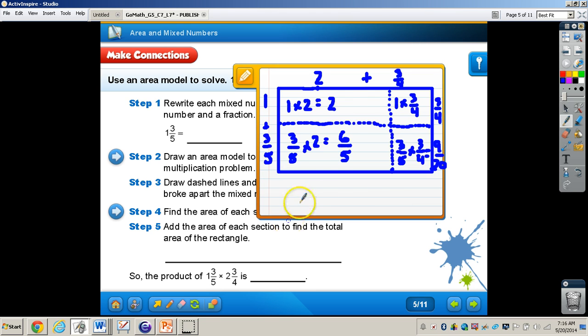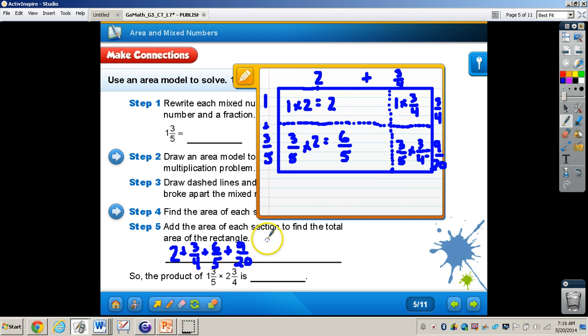Okay, now what we do is add all of our answers together, all of our products. So what we have is 2 plus 3/4 plus 6/5 plus 9/20.